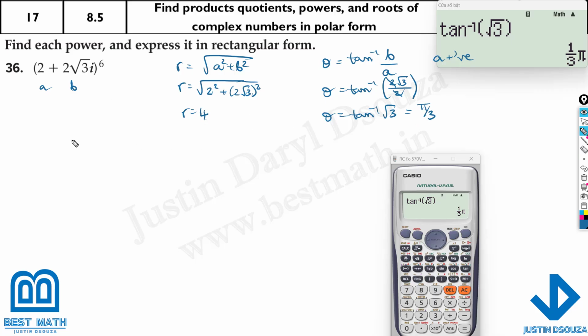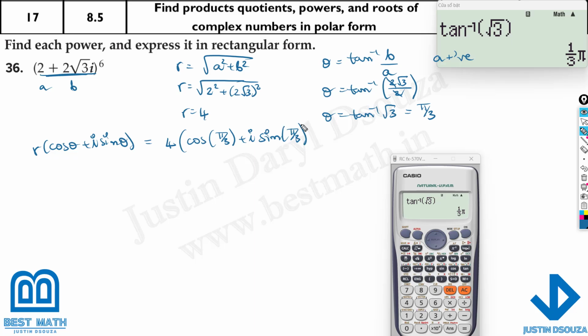So now what is the polar form of this given question? Instead of writing whatever is inside over here, I'm going to write r into cosine theta plus i sine theta. That will be equal to 4 times cosine pi by 3 plus i, that is the imaginary part, sine pi by 3.